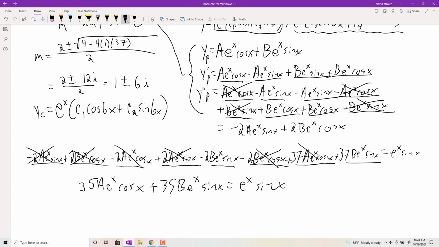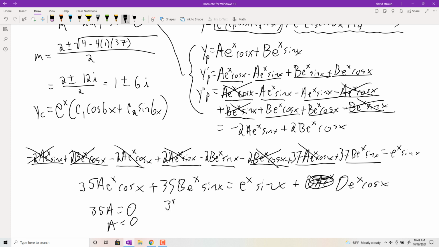Okay. That means, and then you equate coefficients, right? So 35A e to the x cosine x. Over here you have 0 e to the x cosine x's. Right, so 35A equals 0, so A is just 0.